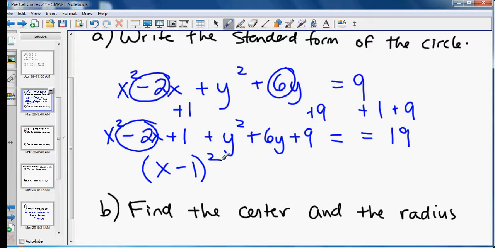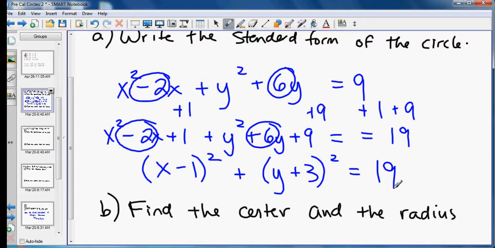Because when you factor x squared minus 2x plus 1, you'll get x minus 1 times x minus 1, which we can then combine into x minus 1 squared. Same idea over here with the y. It's always going to end up being exactly half this number, so it's y plus 3 squared equals 19. So now we have the circle in standard form.